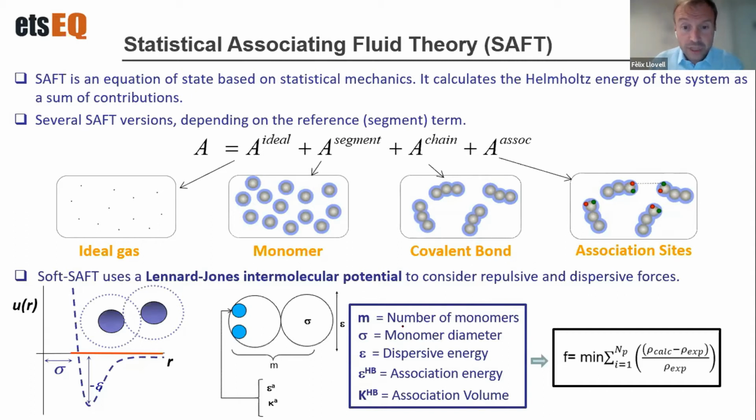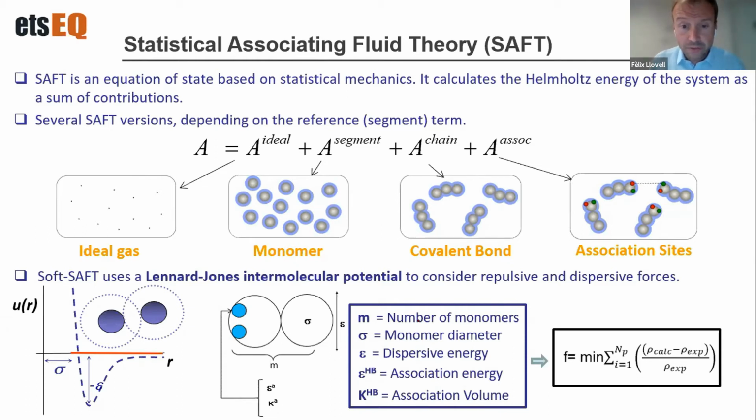At the end, we have a number of monomers with a certain monomer diameter that interact through a particular van der Waals dispersive energy. And then we have a series of associating sites representing this hydrogen bonding, with a particular association energy and volume.